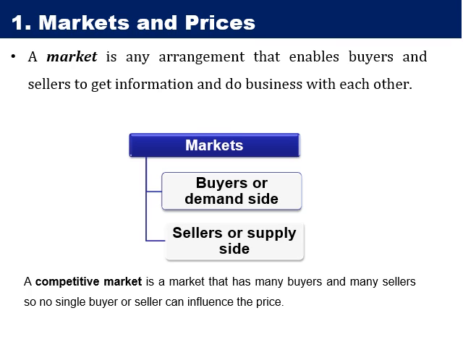So in markets, buyers who represent the demand side can buy the goods and services provided by the sellers who represent the supply side. So you may ask how the prices are determined in the market.